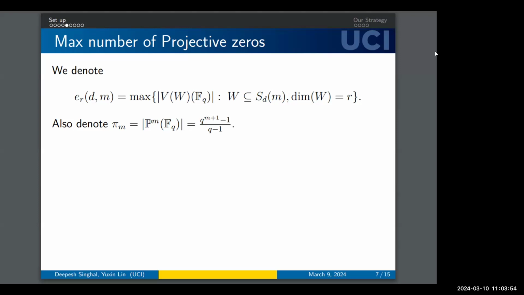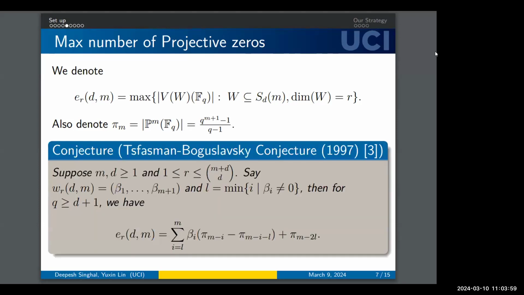Here we make this notation: pi_m is the size of the m-dimensional projective space. There was this conjecture by Tsfasman and Boguslavsky back in 1997, in which they conjectured that, with w_r^d(m) being the r-th largest tuple in lexicographical order, they take l to be the first non-zero coefficient, and they again form some kind of polynomial in q.